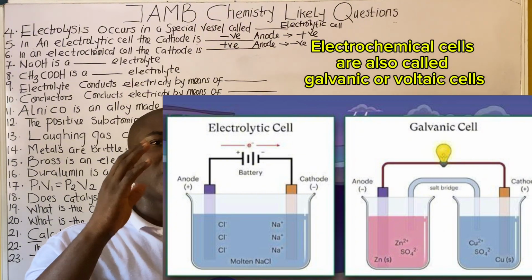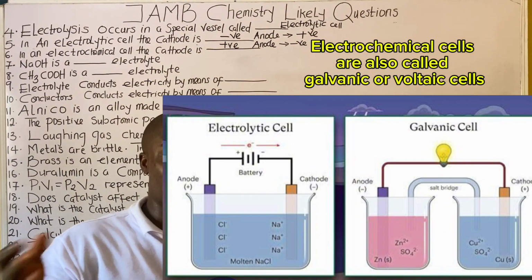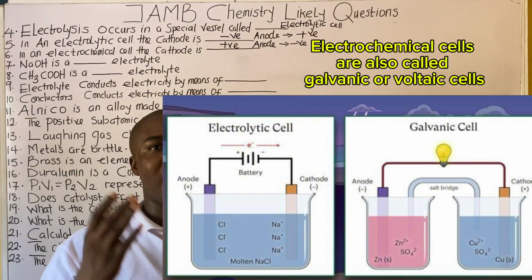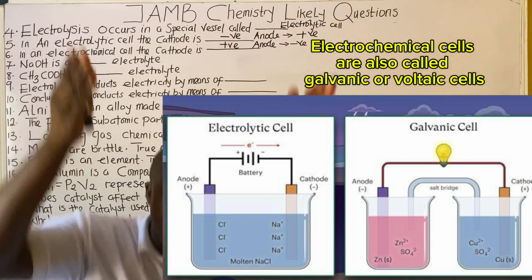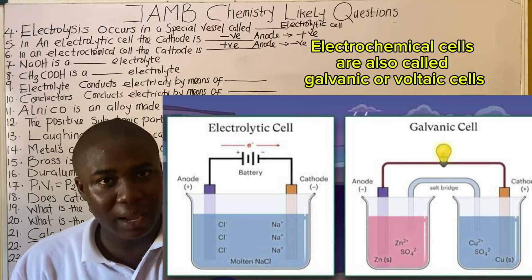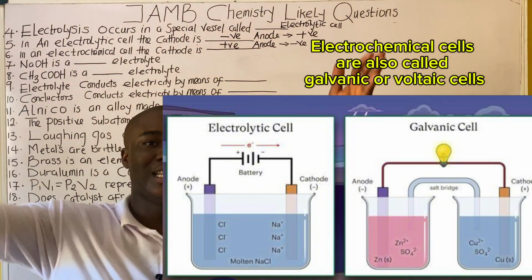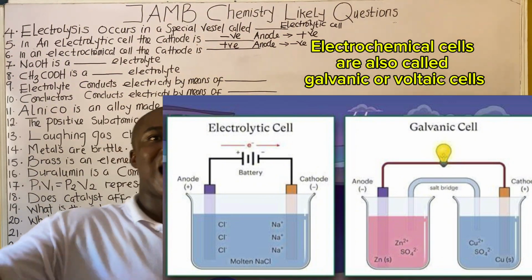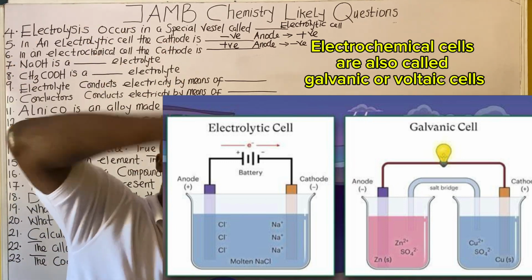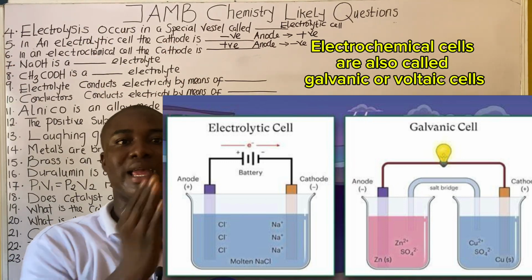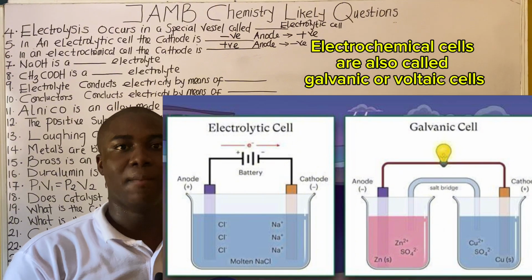These are the key differences. There are other differences. In an electrolytic cell, the terminals are present in one compartment. In an electrochemical cell, they are present in two compartments. And these compartments in the electrochemical cell are connected together by what we call a salt bridge. This must be noted.